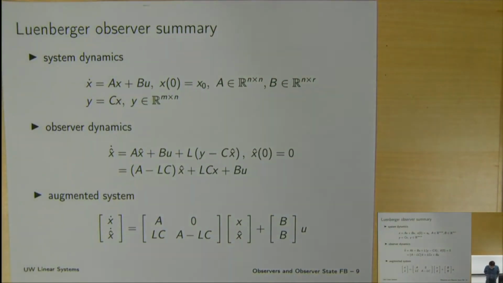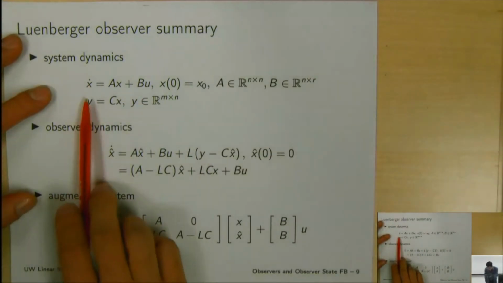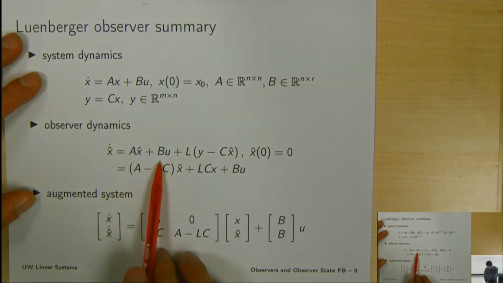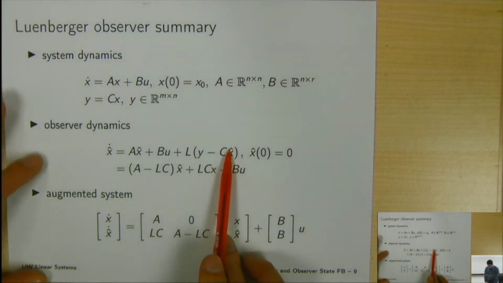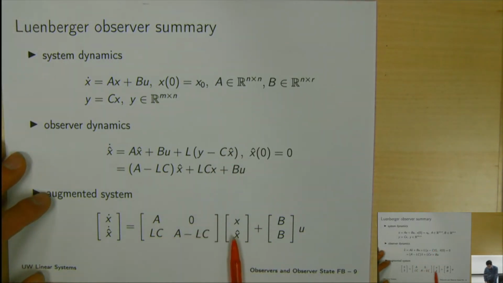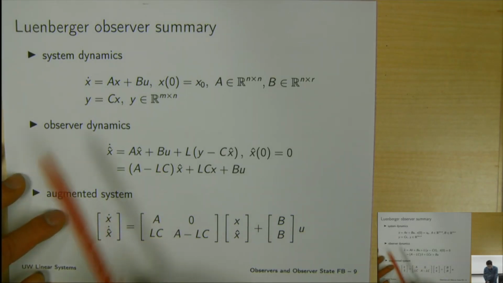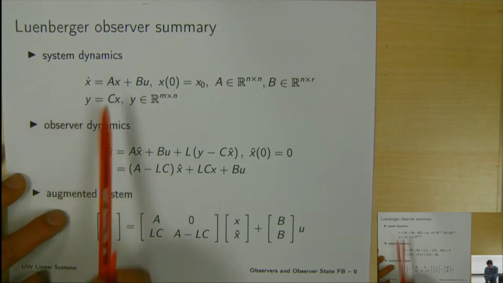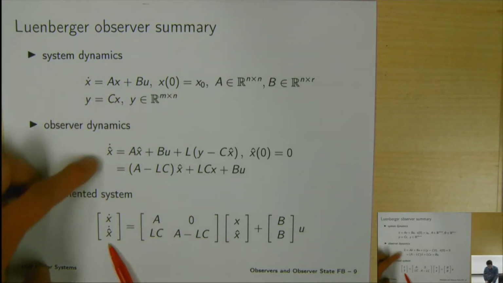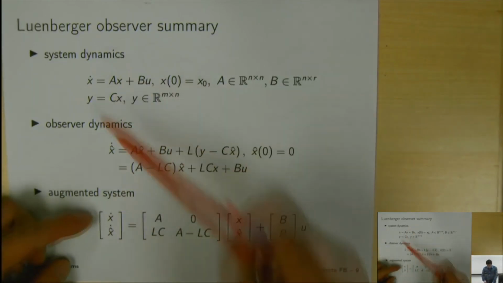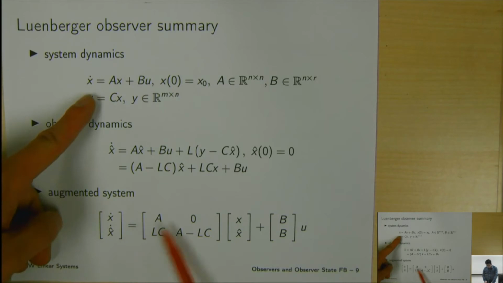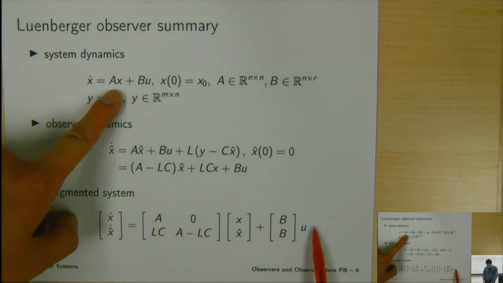As a quick summary, if we are given a system dynamics that look like this, and then we talked about the closed loop observer, using a correction term, and the dynamics of the error. Let's talk about the overall system first. So the overall system contains two dynamic components. One is the state evolution x, and the other is the evolution of the estimated state x hat. So the new state of the overall system is going to contain two parts. First part is x dot equal to Ax plus Bu.